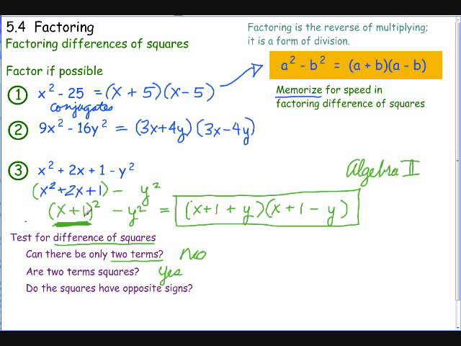And it is, in fact, a term which consists of a binomial. We do have to look to see whether or not the squares have opposite signs. So in this case this was a plus and this was a minus, this was a plus and this was a minus. In this case this was a plus and that was a minus.